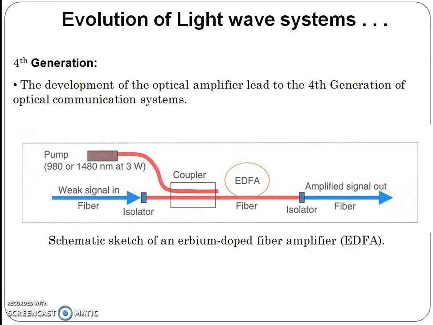Then the fourth generation of light wave systems. The development of the optical amplifier led to the fourth generation of optical communication systems. By using optical amplifiers, we can have optical signal with optical amplification, so no more electro-optical conversion, and so information carrying capacity could be improved, and repeaterless distance can be enormously increased.